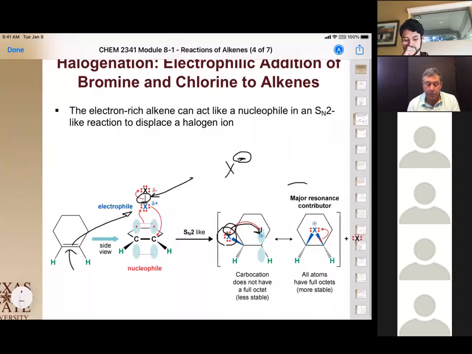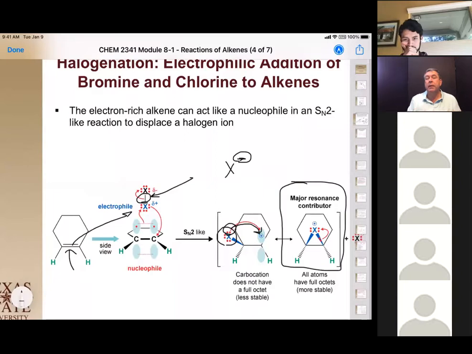So our actual major resonance contributor here is the formation of a three-membered ring where we have a bromine attached to two carbons, okay? So this is our intermediate. The carbocation is just there for a very small percent of the time. The major resonance contributor is this three-membered ring.